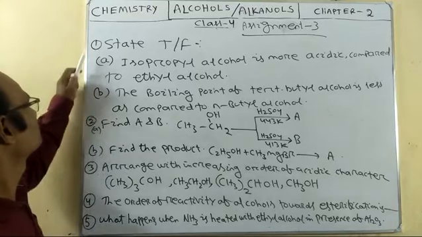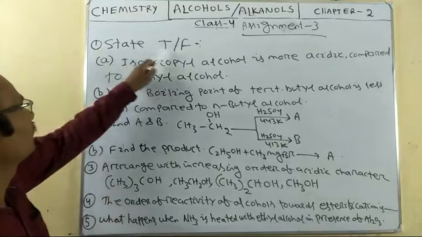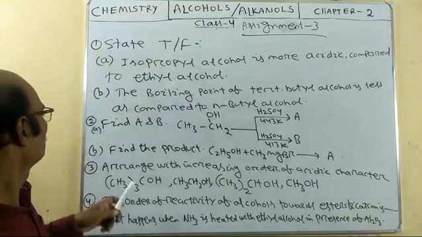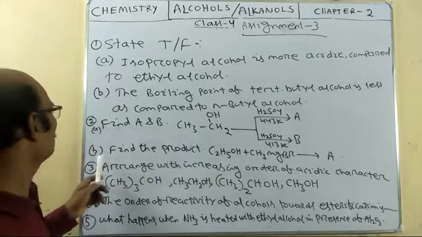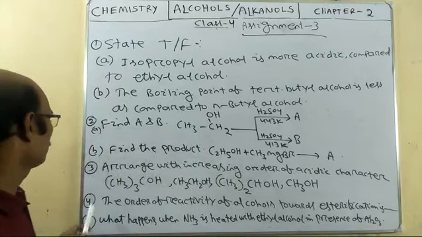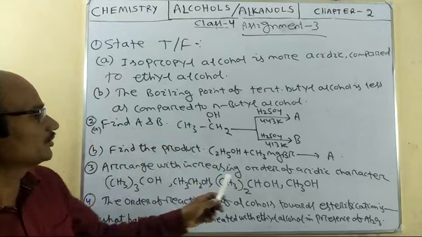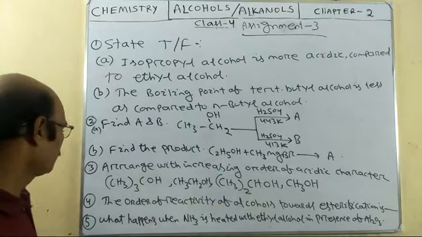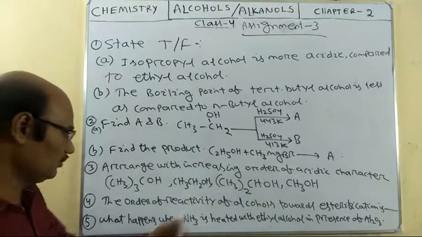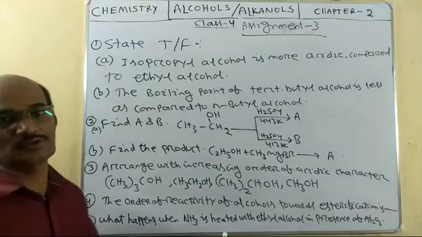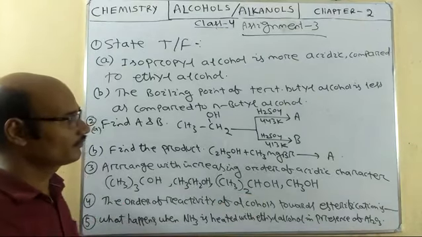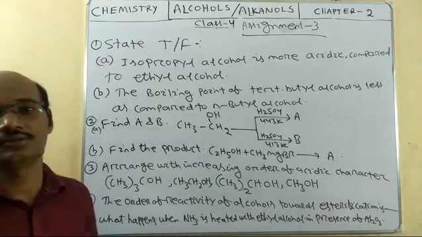Question number 1, state true or false. Then find A and B here and find the product here. Now arrange in increasing order of acidic character. This is to find out the order. This is to find out the product. So you solve this, and we will meet in the next class.